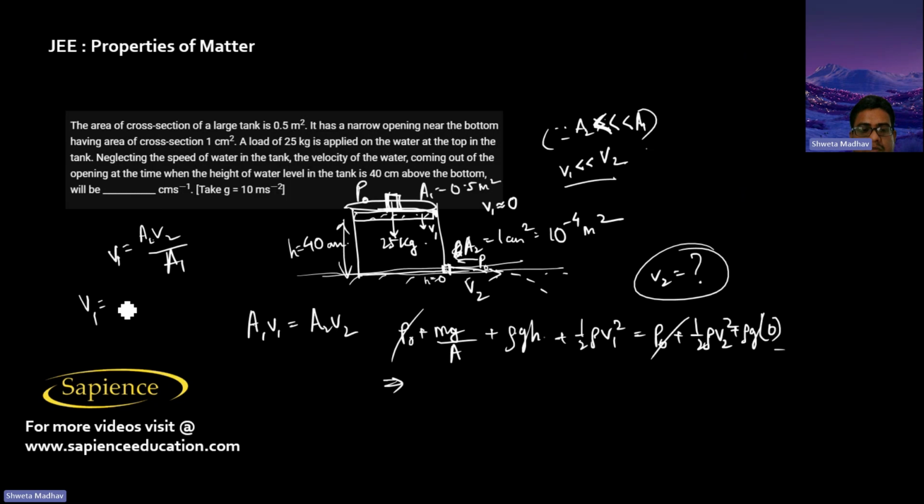So V1, as you can see, A2, which is 10 power minus 4 divided by 0.5 into V2. V2 to find out. So this is 5 by 10, so this is 2 into 10 power minus 4 times V2.